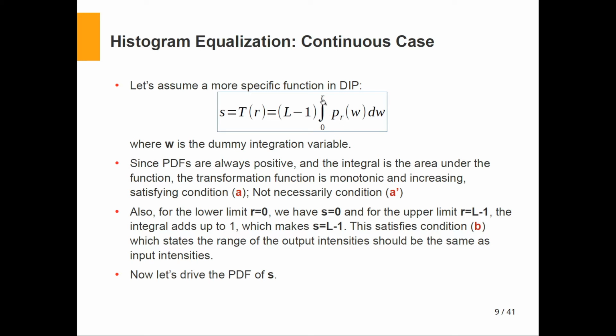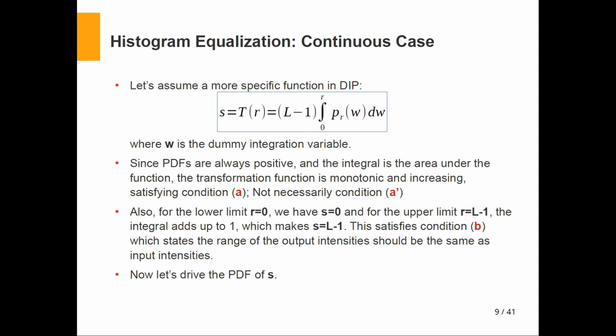So for r being 0, s becomes 0 as well. On the other hand, if we put r as the maximum value possible within the intensity range, which is L minus 1, then we have the integral from 0 to L minus 1 of the PDF of the input image.